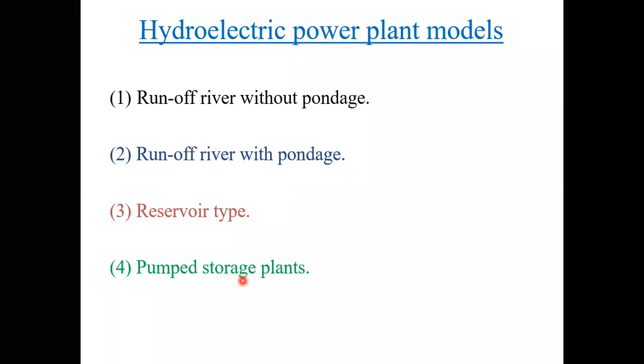So some amount of water is drawn from the lower reservoir to the higher reservoir, and that extra amount is used for the next day, especially in the peak hours. That is a pumped storage plant. Already we have seen these two in the previous classes.